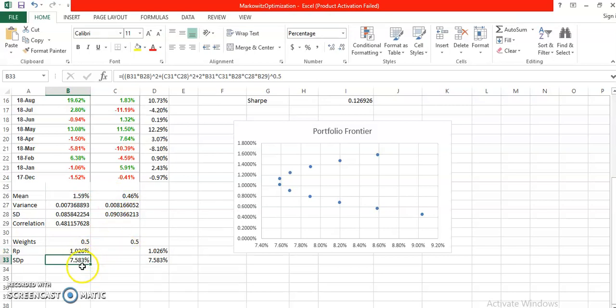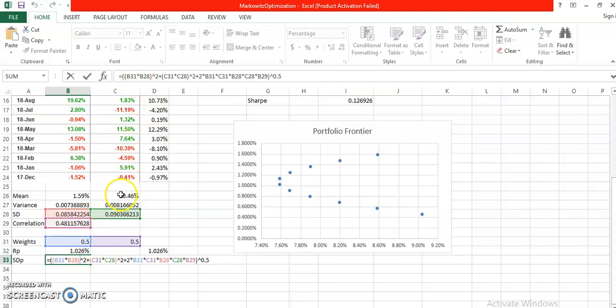To find out the risk of the portfolio, we have to follow the entire formula that requires the weights squared, and the overall weights should be squared. So this B31 and the risk of the first asset, Apple, these two are multiplied with each other, and they are squared.